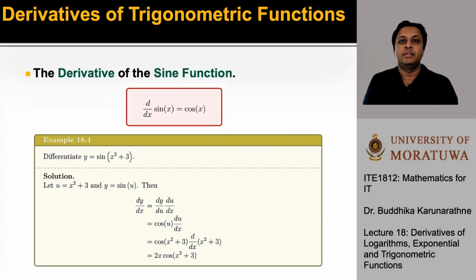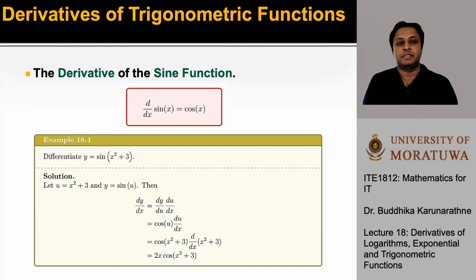So eventually you are left with 2x times cos of (x squared plus 3). This is how you apply the different rules together with the newly obtained knowledge about the derivatives of trigonometric functions.